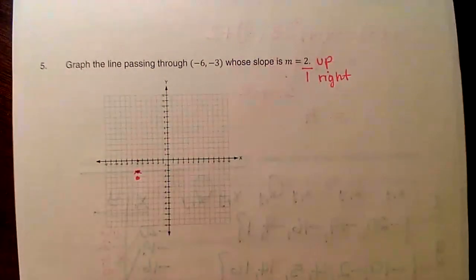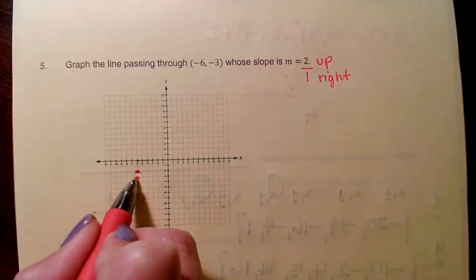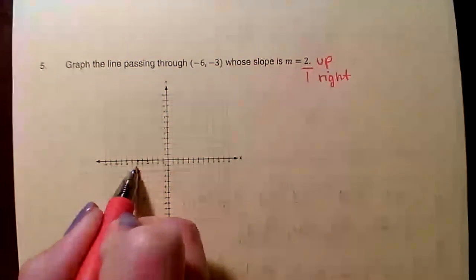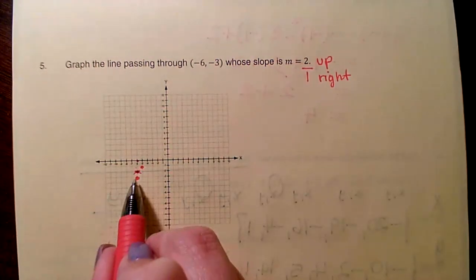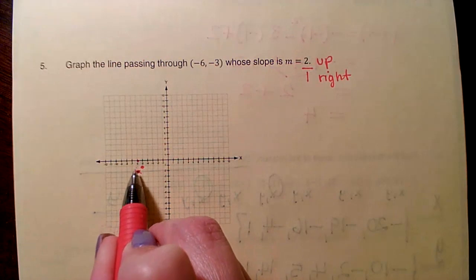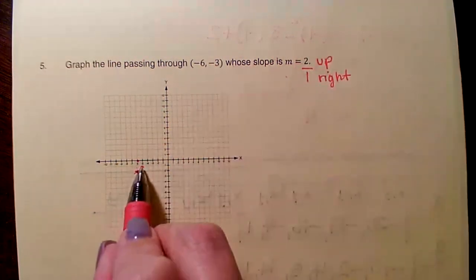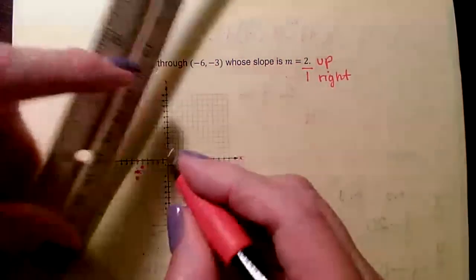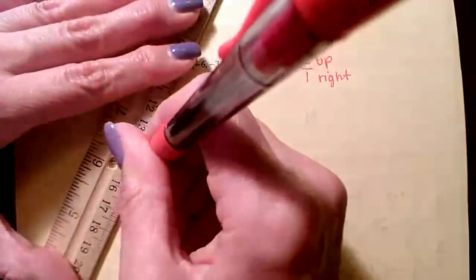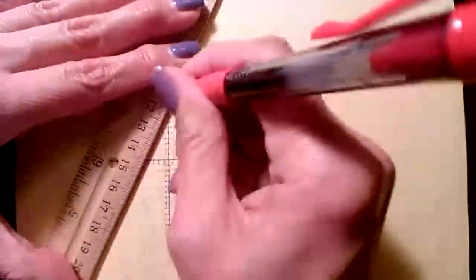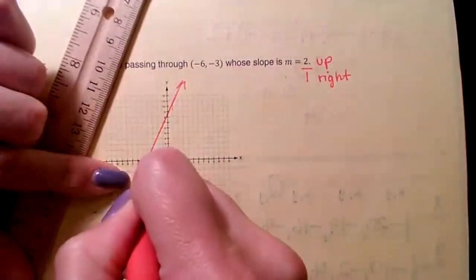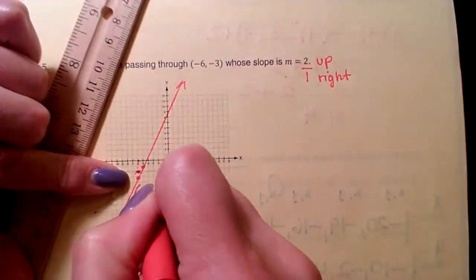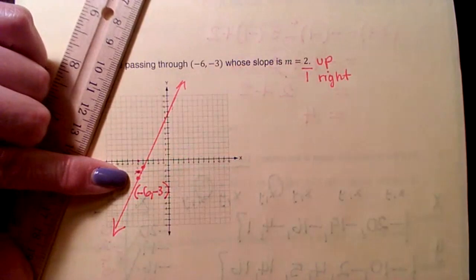So it's not this one. From here, we're going 1 and 2 up and 1 to the right. And here's the line. Okay, this point is negative 6, comma negative 3.